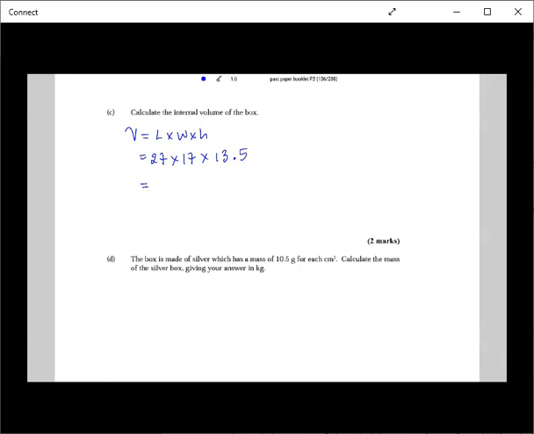So it's 27 times 17 times 13.5. The internal volume is 6,196.5 centimeters cube.